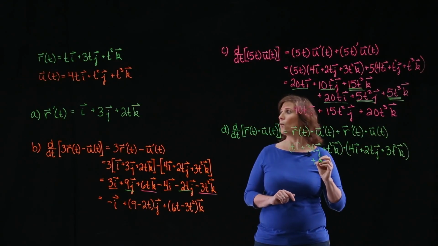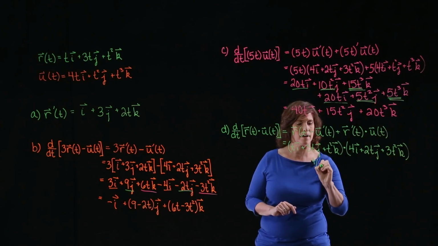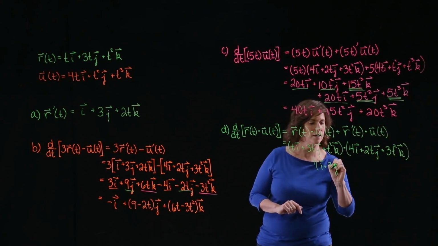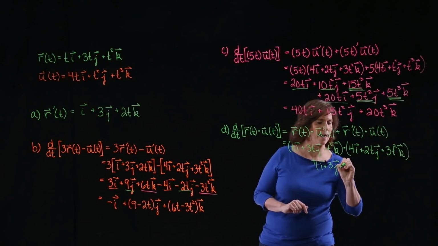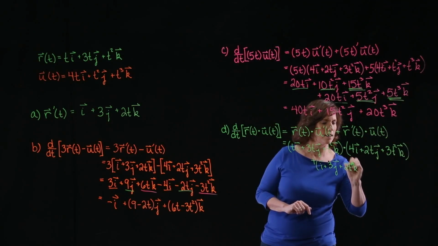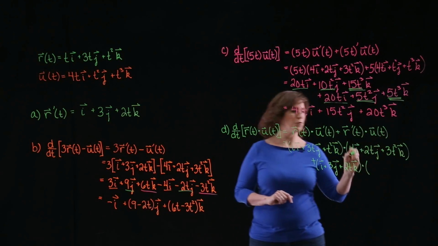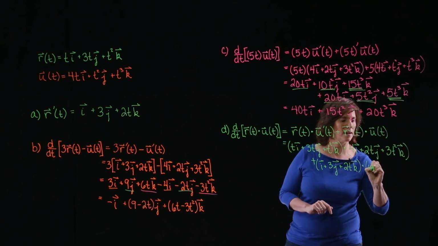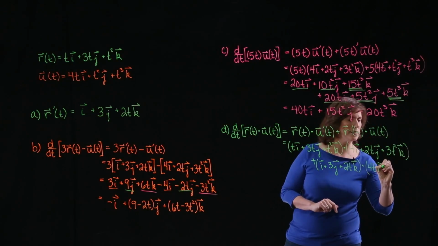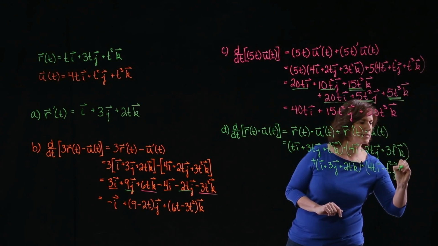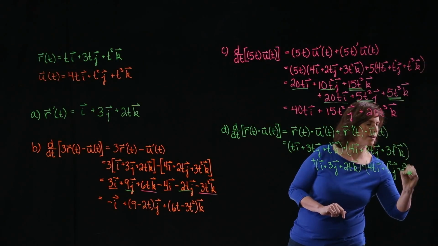R prime was i plus 3j plus 2tk, and u is 4ti plus t squared j plus t cubed k.